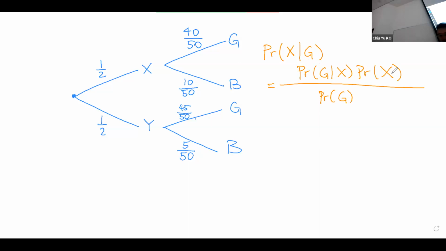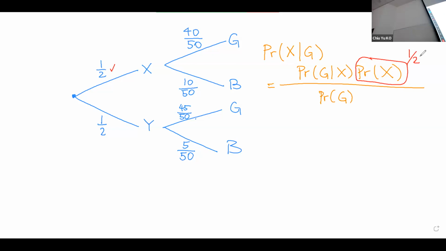First, let's look at the numerator, the most simple one, probability of X. You draw how likely that you end up with X. Look at this, it's 1/2, because you're choosing X and Y at random.